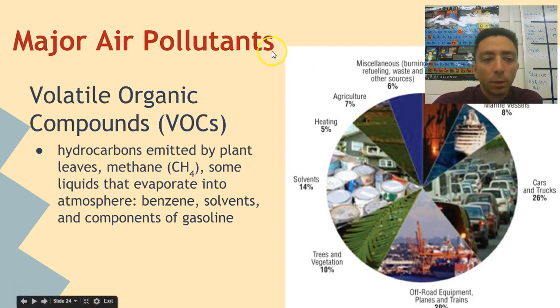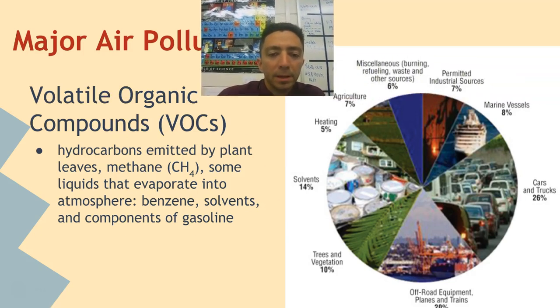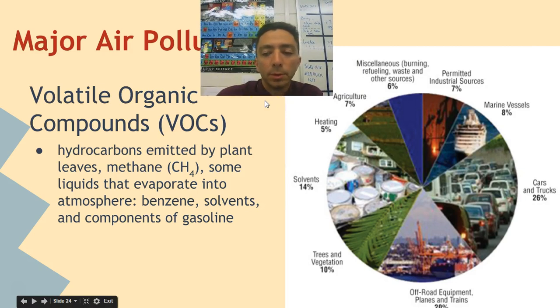Another main air pollutant are volatile organic compounds. A volatile organic compound is an organic molecule that is able to turn into a gas and move through the air. Methane is a very common one. If you remember the film Gasland that we watched, there's major issues with VOCs, in particular methane getting into the air and into the water.